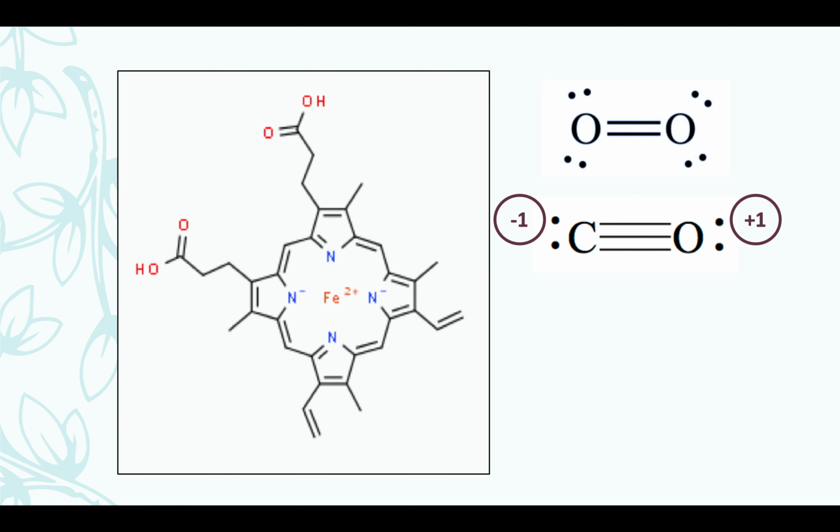Remember, positive charge attracts negative charge. So you have a negative charge on carbon monoxide and a positive charge on iron.